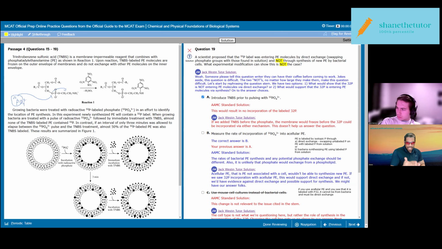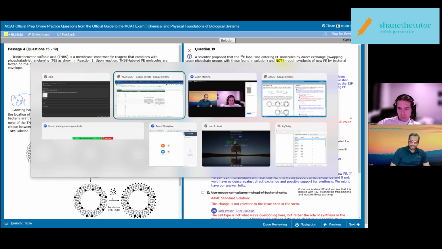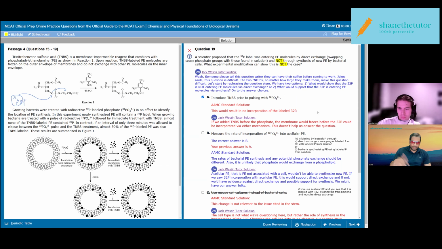So if we just had radiolabeled phosphorus, we would not be able to tell if it's happening through direct exchange or the bacteria making it. However, if you use acellular PE, that means it's not a living thing. And if your results show that you have the radiolabeled phosphorus in your PE, it means that it cannot be from bacteria and must therefore be direct exchange.